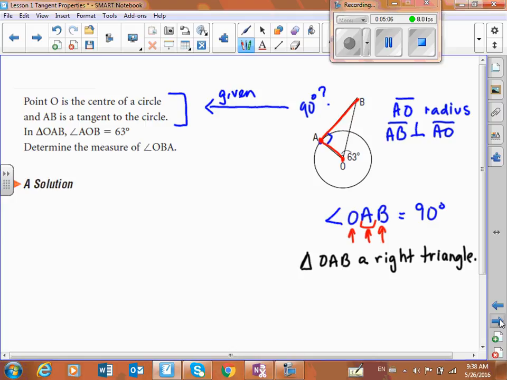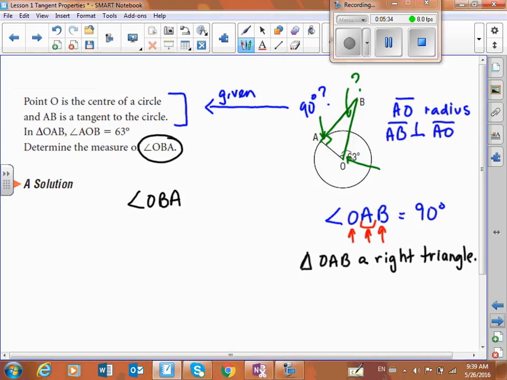So we're asked to find angle OBA. So angle OBA. Again, if I use my little roadmap instructions, I do this in green. I'm going to erase these now. So O to B to A. So from O to B to A, I'm trying to figure out what that is. I still know that that's 90. All right, so I know that this angle in here is 90. I know this angle right here is 63.